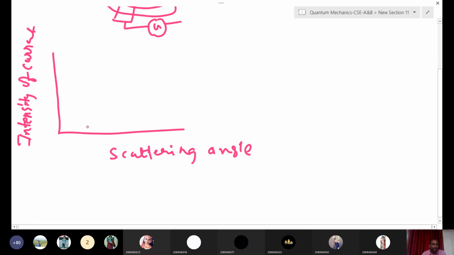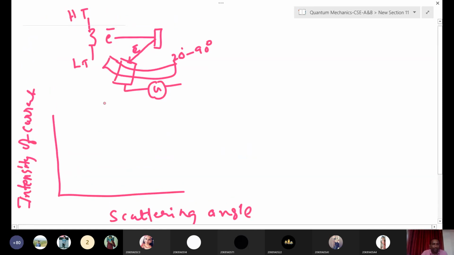Here we are applying different voltages, suppose 40 volts, 50 volts, 60 volts, 70 volts, like that. We are applying some voltage to eject electrons. If you increase this voltage, more electrons eject from the filament and reach the target.